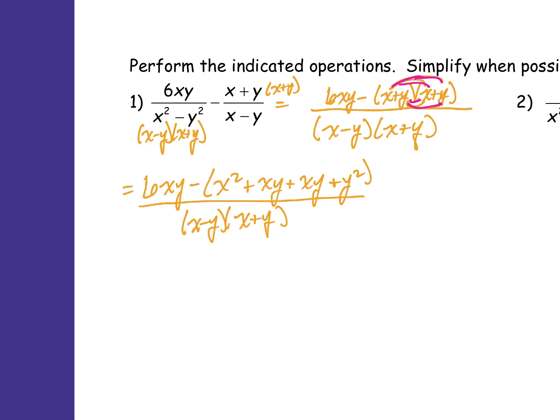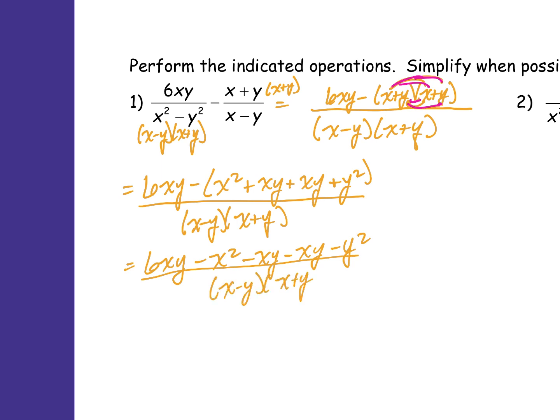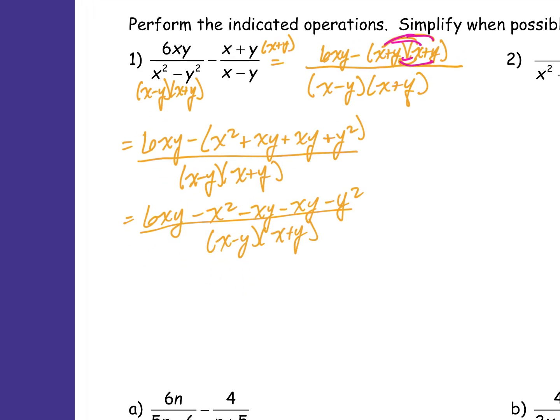Now I'm going to distribute the negative through. So I've got 6xy minus x squared minus xy minus xy minus y squared all over x minus y, x plus y. And now I'm going to combine my like terms, okay?